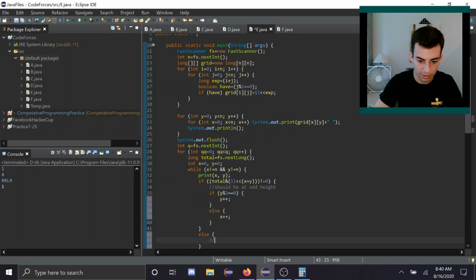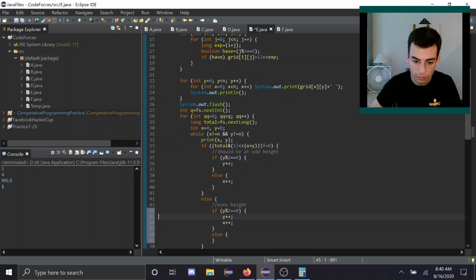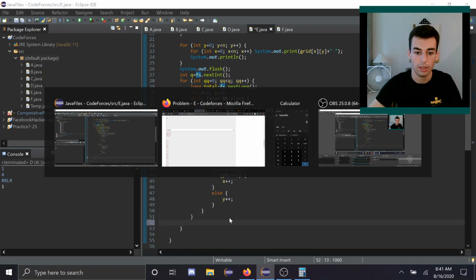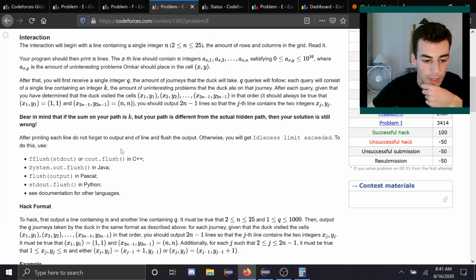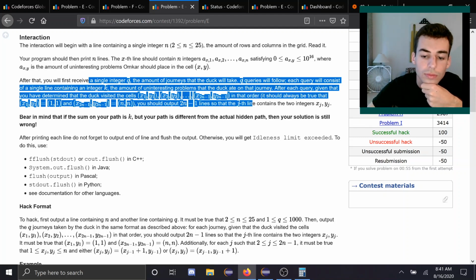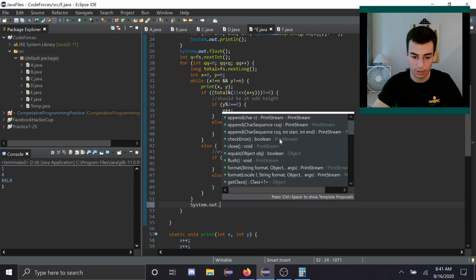Otherwise, we want to be at an even height. And we print it. Then we keep going. So then we print a new line between each interaction. Okay. System.out.flush.